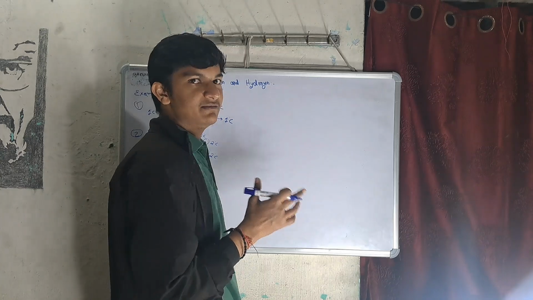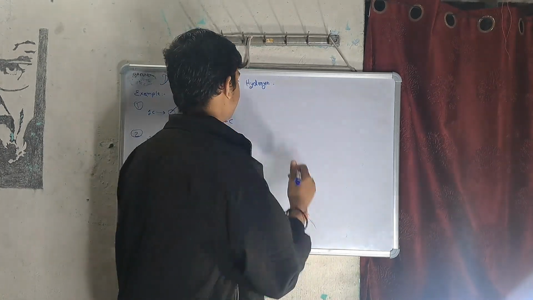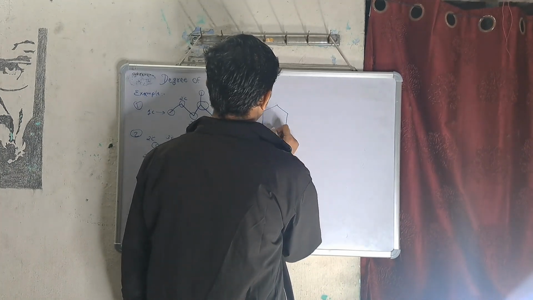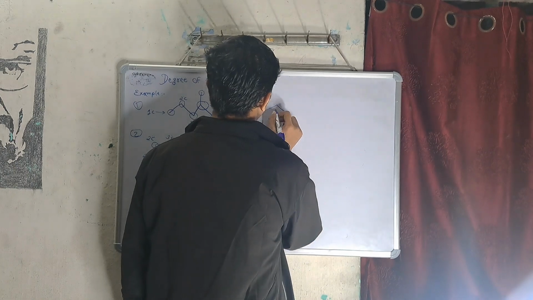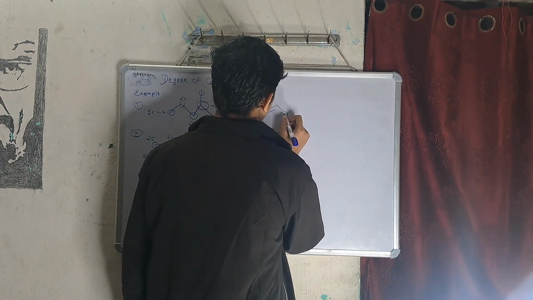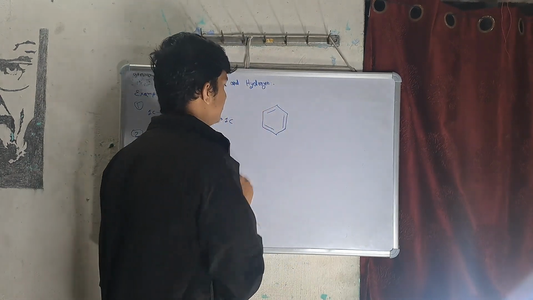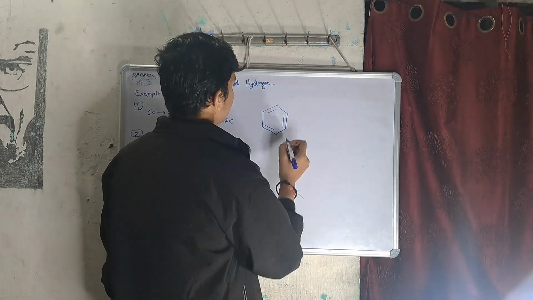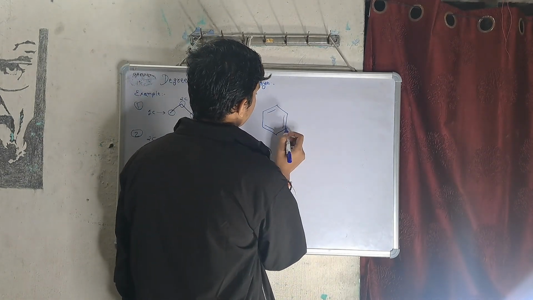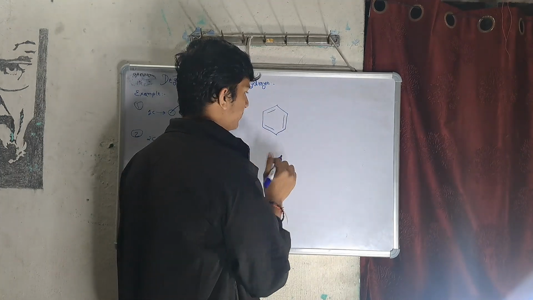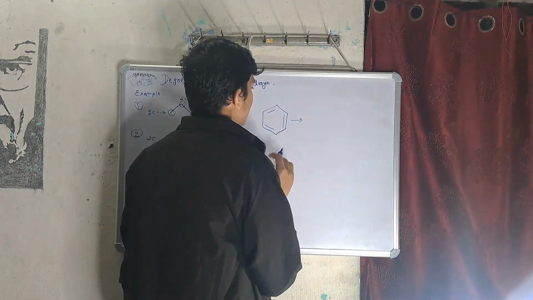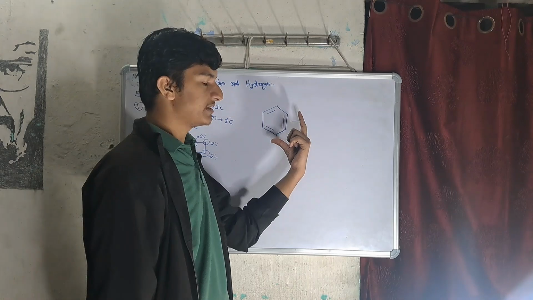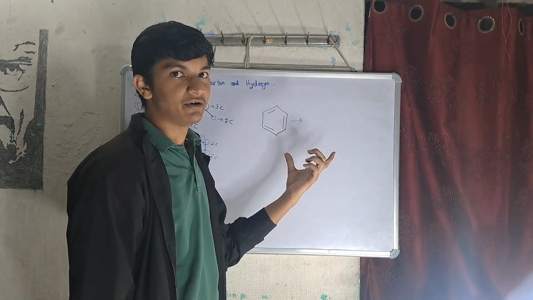Now we will take some conceptual example. Here we all know this structure. This is benzene. In that structure we have seen that there are double bonds present. While calculating the degree of carbon, we will ignore the double bond and triple bond.